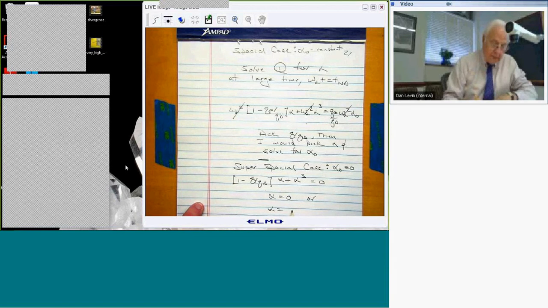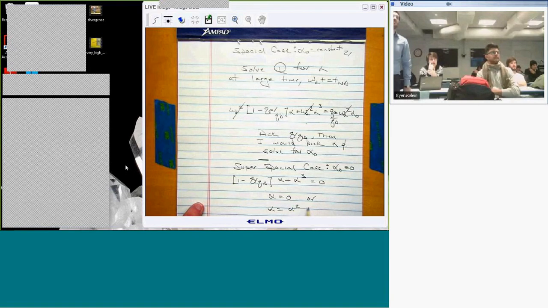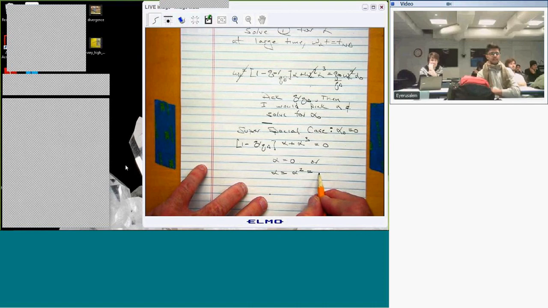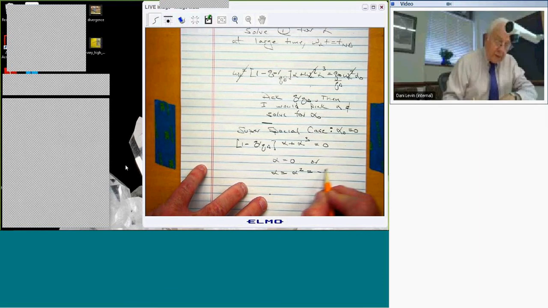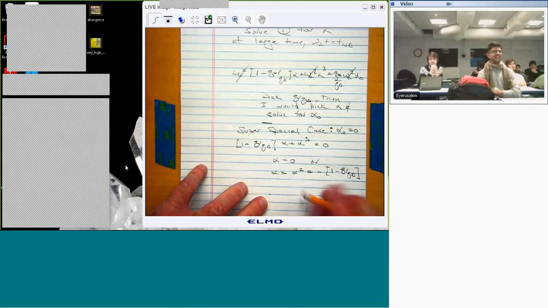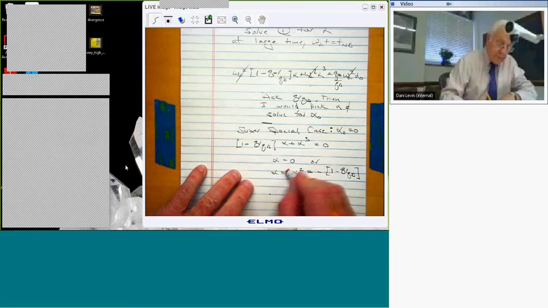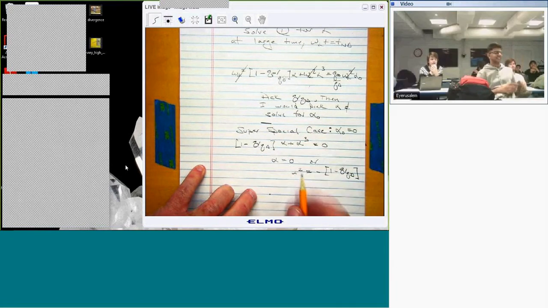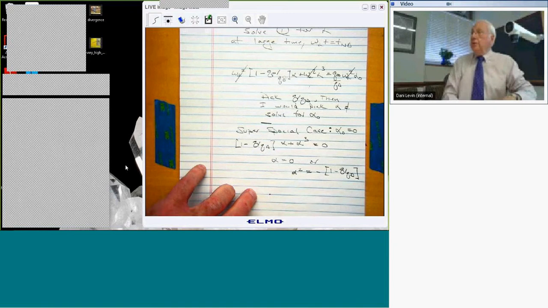If alpha is not 0, I can cancel out one alpha, and I'll get alpha squared equals what? Minus (1 minus Q over Q sub D). Yeah, alpha squared. Well, alpha squared has got to be a positive number, although notice that alpha itself can be plus or minus.